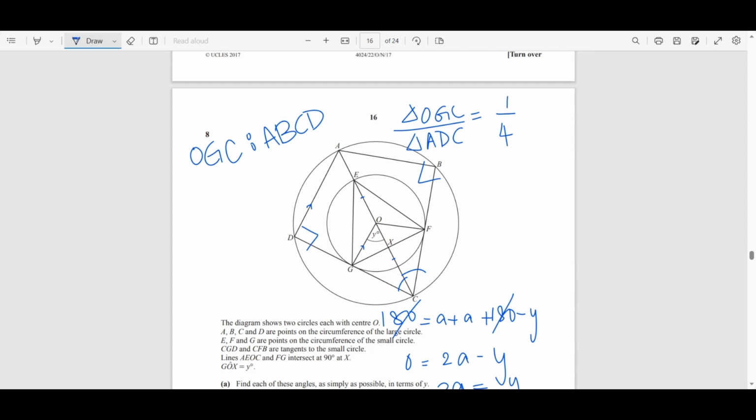If I call this whole thing 4 parts, not 4 centimeters square, just 4 parts, and OGC to be just 1, then if ADC is 4, ABC also has to be 4. So ABCD has to be 4 plus 4, 8 parts, and OGC is again 1, so it has to be 1/8.